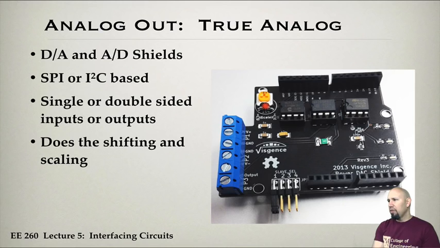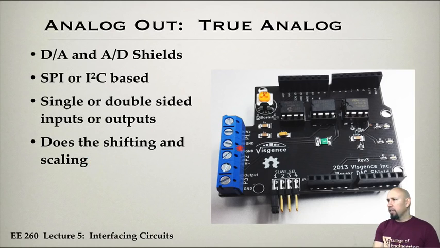And so the shields can either do single-sided or double-sided inputs or outputs. What that means is that you could have from 0 to some voltage, like 0 to 12 volts be your output voltage, or you can do plus and minus 10 volts, plus and minus 12 volts, like that. That's double-sided. These kinds of circuits will generally do the shifting and scaling.